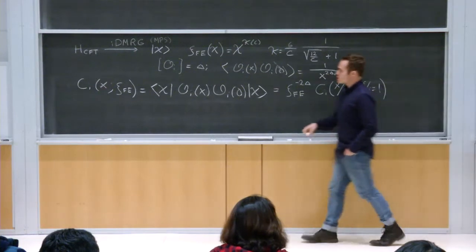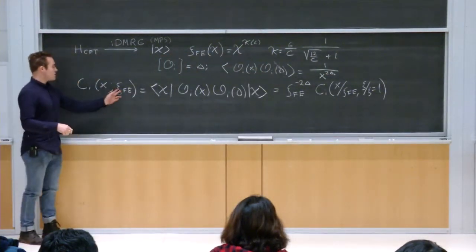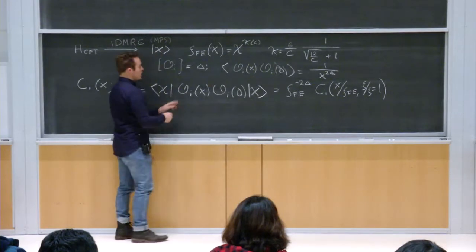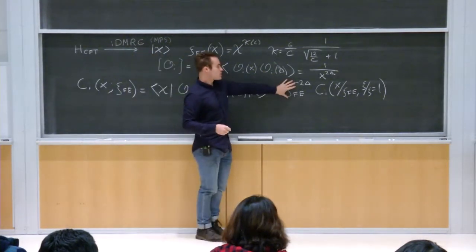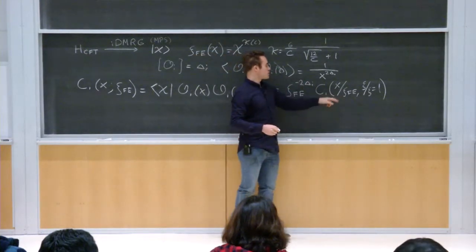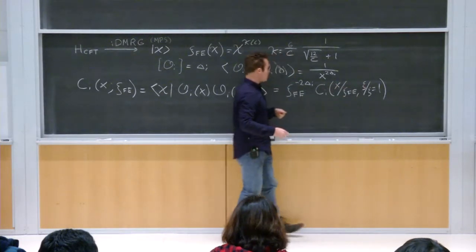So what I've done is I took this function here and I did a scale transformation by xi. So 3 things are going to happen. The object as a whole has scaling dimension 2 delta because these were scaling operators. So that's why this factor came out here. And then you replace the argument by x over xi, and then xi has been scaled to 1.